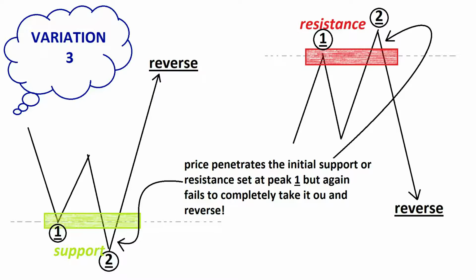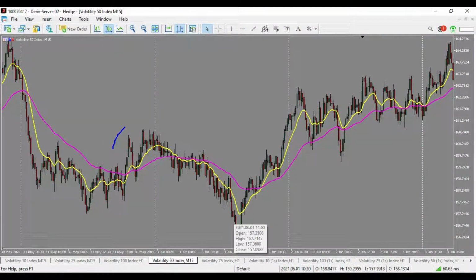Again, we are also going to go to my MetaTrader and try to identify this variation of the double bottom and double top pattern. Now right here we can all see that the level of the second peak is slightly above the level of the first.